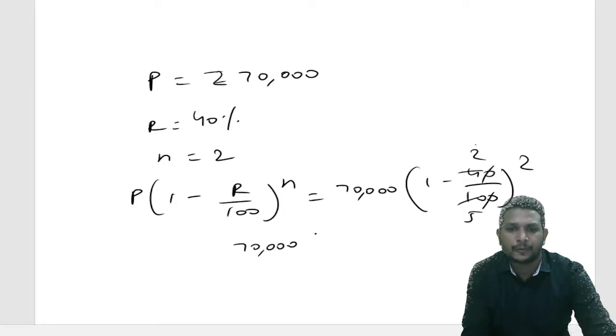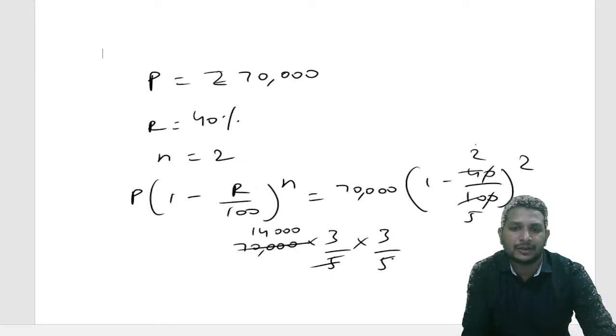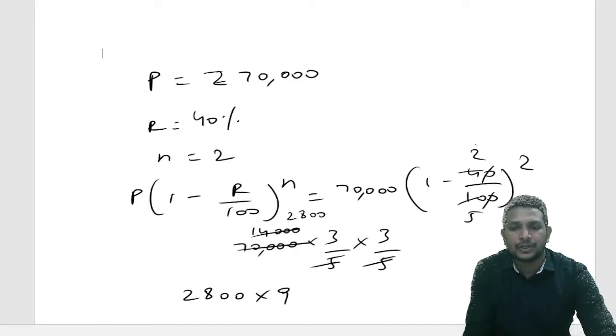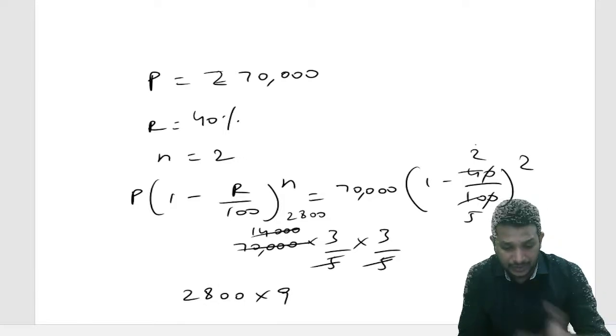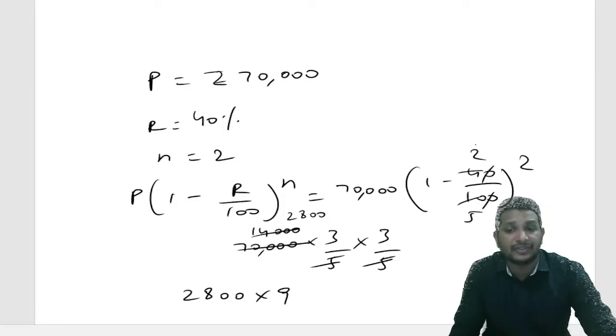If I take out the LCM, 5 minus 2, 3 by 5, multiplied 2 times, because the whole square is there, right? 5 multiplied by 14,000, 5 multiplied by 2800. So 2800 into 3 into 3, 9. So we'll get the answer for this question as 2800 into 9. If we do the calculation, 25,200. 25,200 we are getting as the answer.